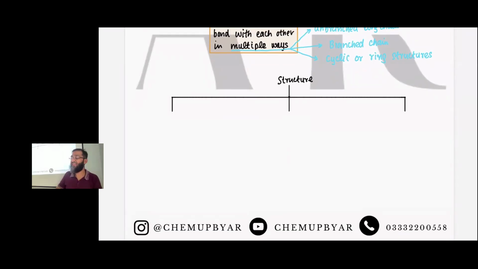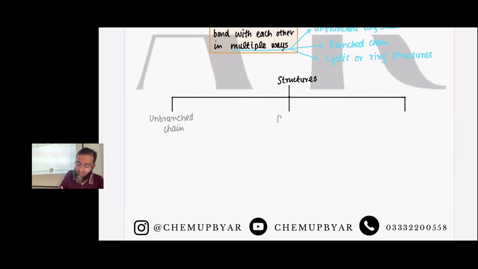Okay, so initially we can categorize the structures into three different types. These include first, unbranched chain.